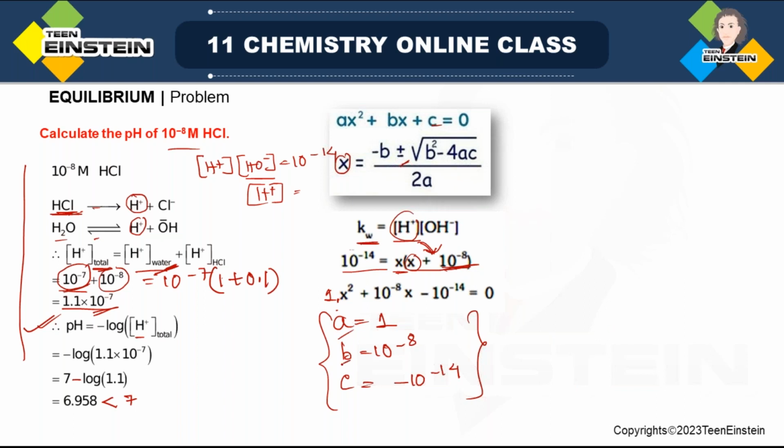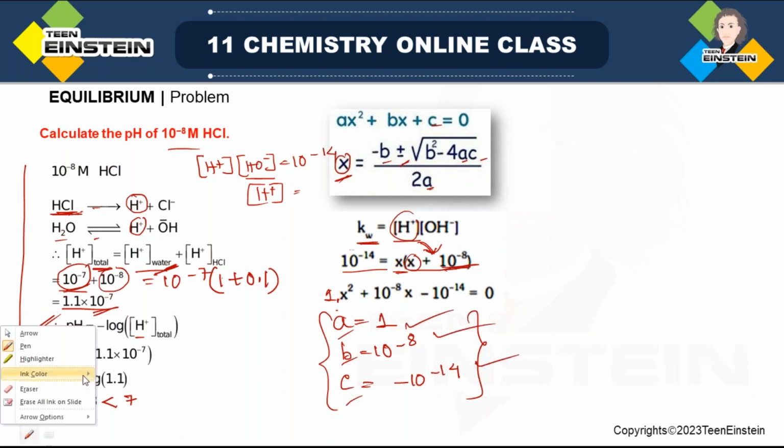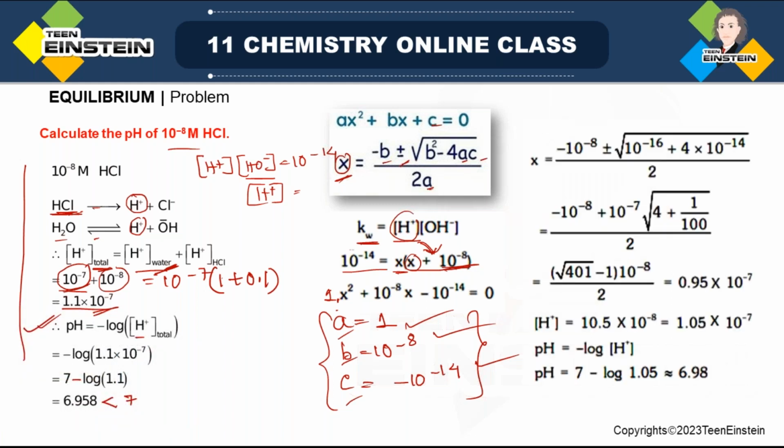So if you want to get the value of X, which is the H plus concentration that we want to know, in place of A, B, C you have to put these three values. So here we have written minus B, because B is 10 to the power minus 8.